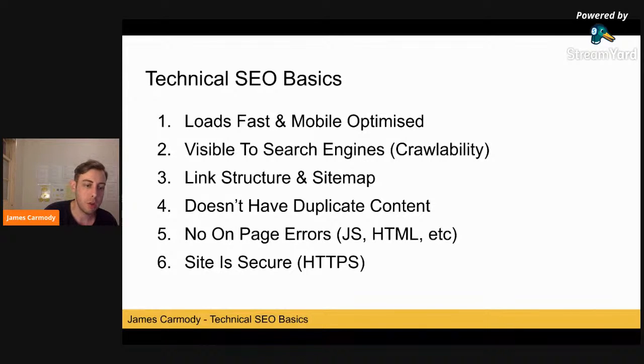You shouldn't have one page that has the exact same content as another page on your website, or even another page on someone else's website. No on-page errors, so I'll show you exactly what I mean by that. But basically, there's no errors generated when the page is trying to load, and your site is secure.